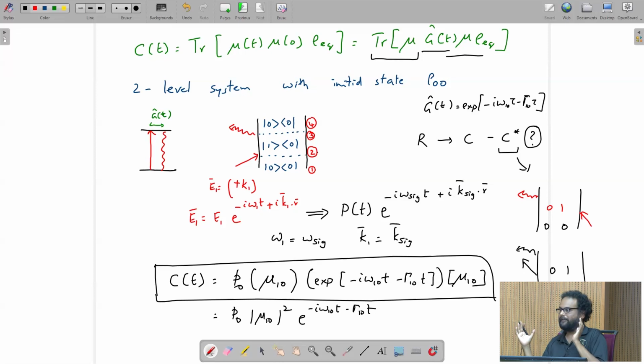Okay, is everybody fine? Just one clarification. Shouldn't the direction of this emission, the polarization emitted, be in the same direction of the field, right? So in the case of the complex conjugate, won't it be emitted on the other side, or will it always be emitted in that direction?